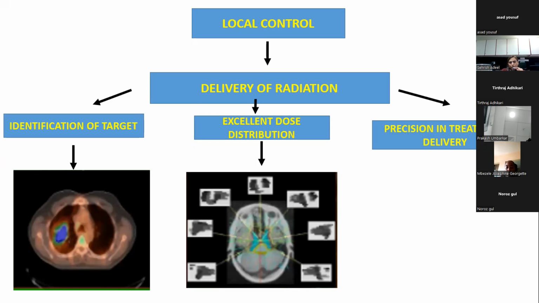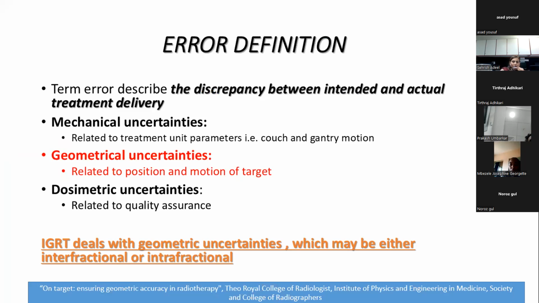To cover this factor, we need to precisely mark the target volume, followed by precise radiation planning, and then the third step is precise treatment delivery. For precise treatment delivery, we should deliver an error-free treatment to the patient.